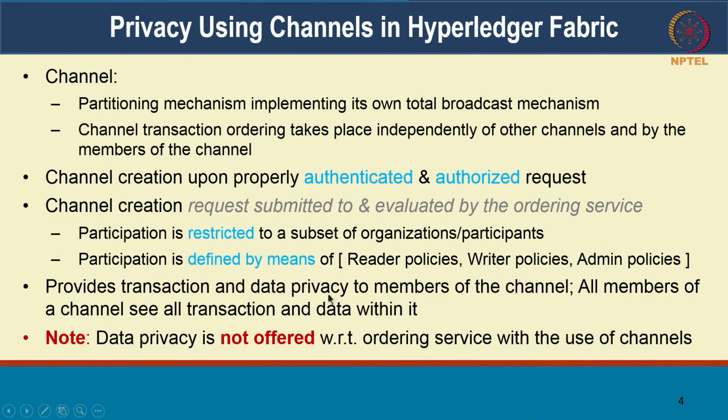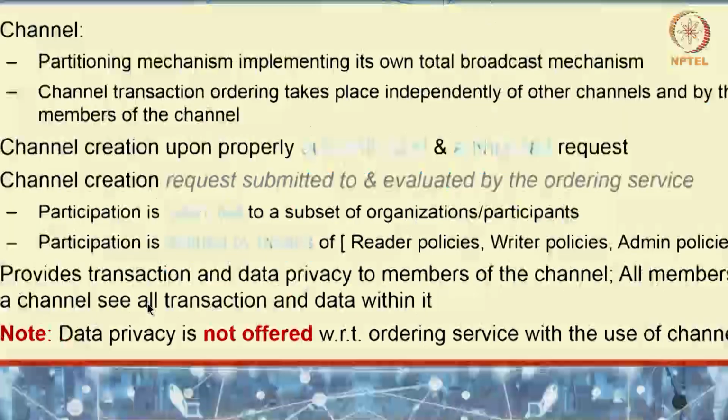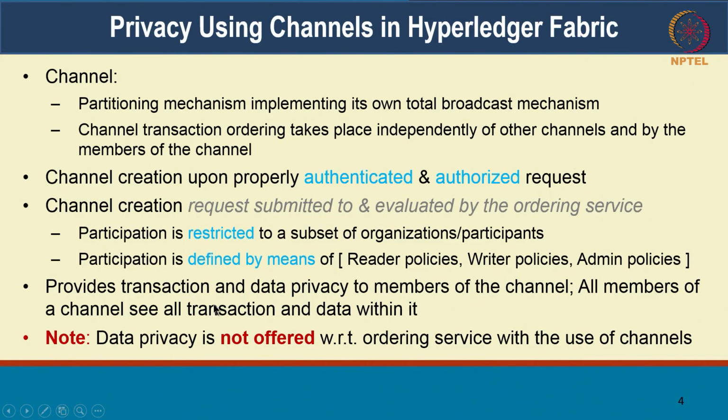So this whole notion of channel provides both transaction and data privacy to a subset of the members of the network. All the members of the channel will have rights to see what transactions are there and what data is being stored in the smart contracts. But within a channel, we don't have privacy with this construct. It just allows you to partition transactions and data in the network, and all members of a channel will see all the data within it.